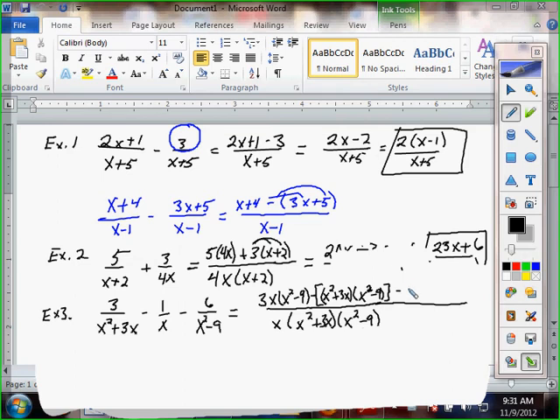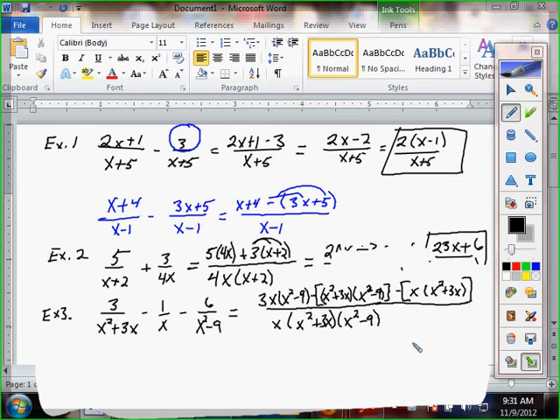And then minus, open up another bracket so I can distribute this minus sign. I multiplied this x squared minus 9 to all this stuff here, so I'm going to have this times x squared plus 3x.